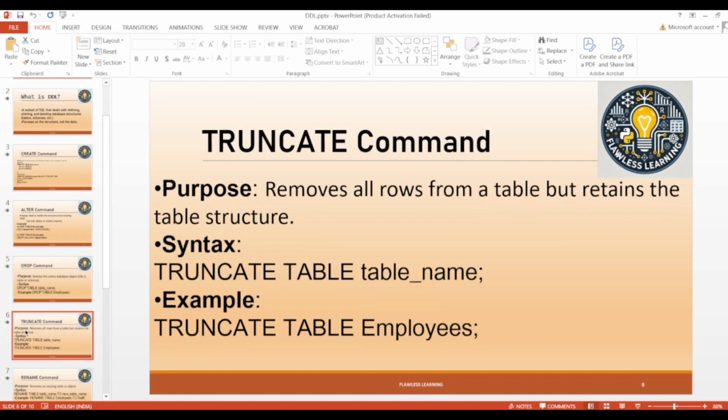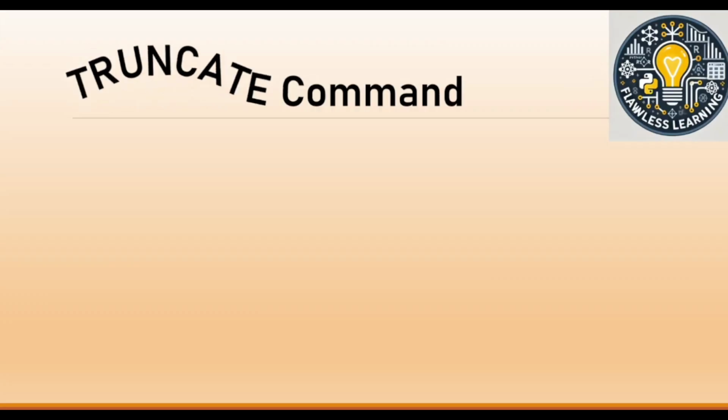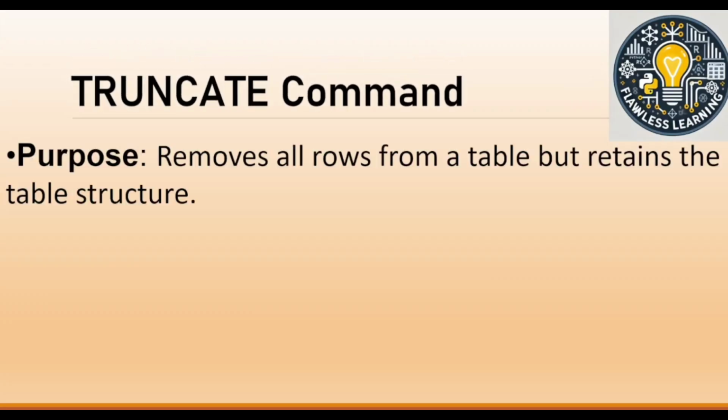Now what is the truncate command, right? Basically the truncate command is for when you want to quickly remove all the data from a table but keep the structure for future use. Like there are records in the table and you want to remove the rows, like my name is Vidisha, my ID is 1, my age is 22 and my salary is something.